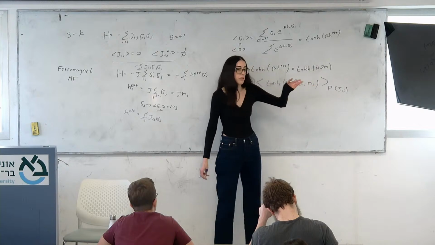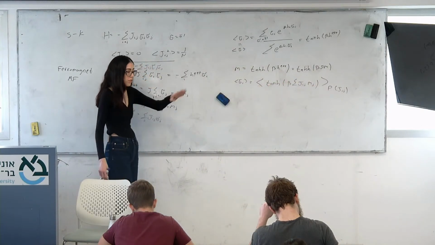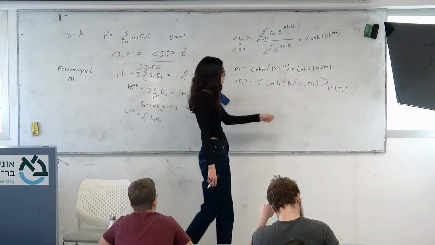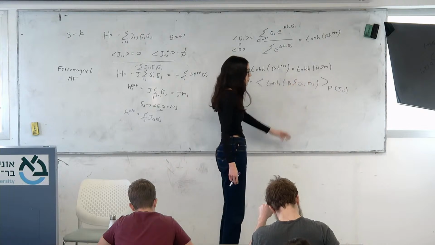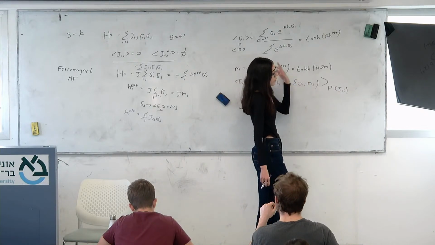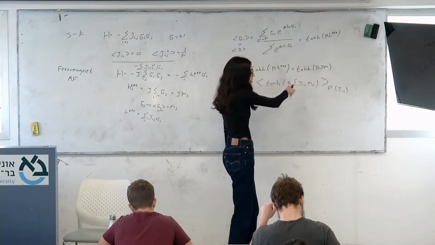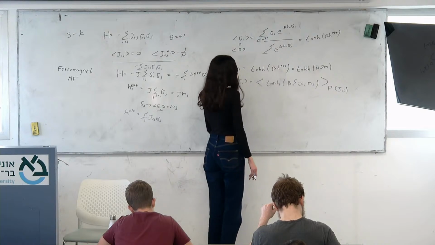Jij can be just a function of distance or something, like when we did a long-range interaction. And if that function is known, this is relatively easy to find, at least numerically. But if Jij is some random variable from a distribution, this is a bit harder to calculate.